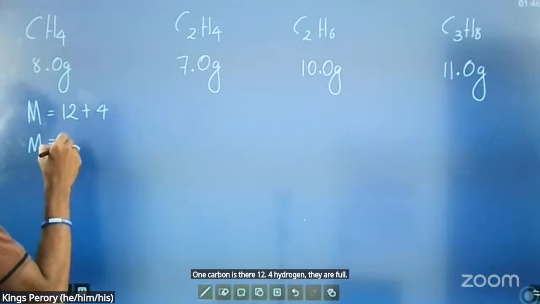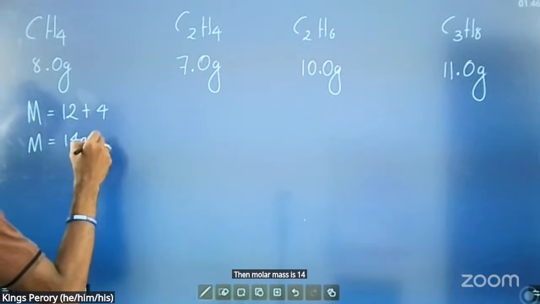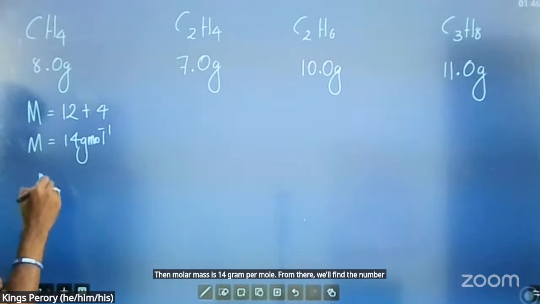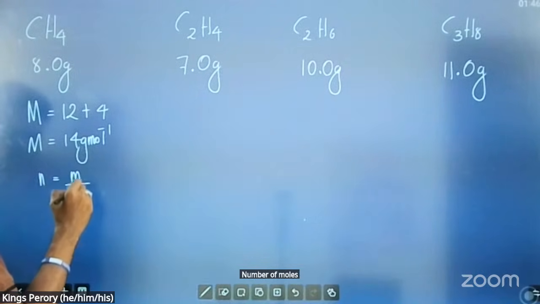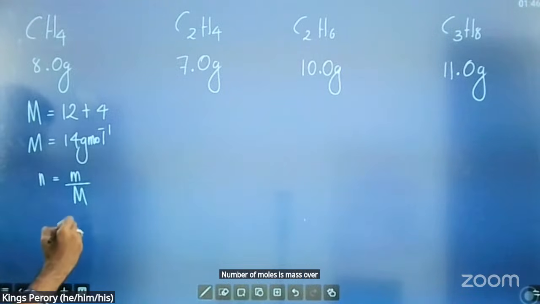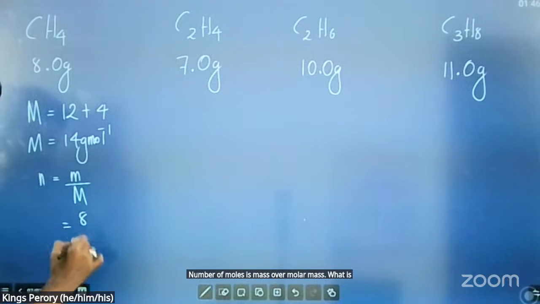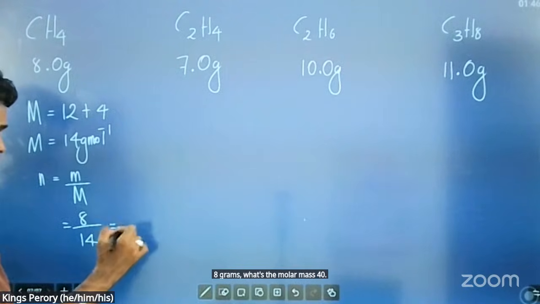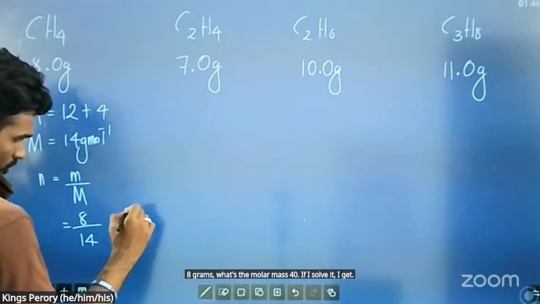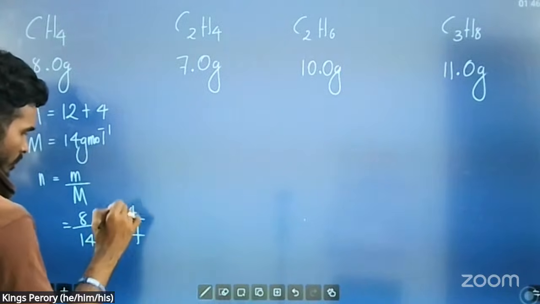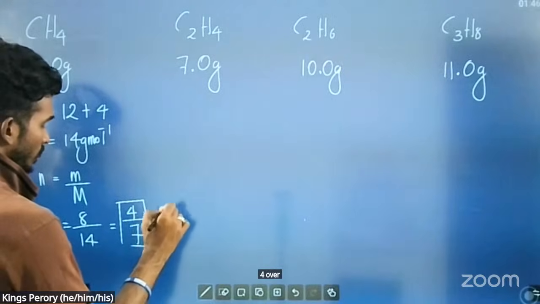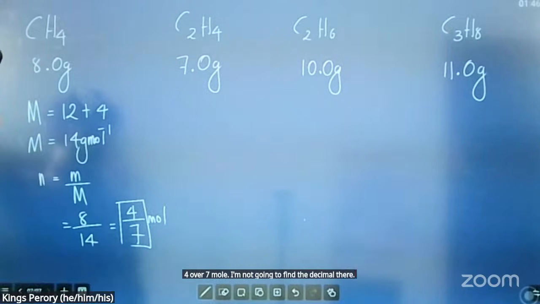Then molar mass is 14 gram per mole. Number of moles is mass over molar mass. Mass given is 8 grams, molar mass is 14. If I solve it, I get 4 over 7 mole. I'm not going to find the decimal there. I'll just keep it as 4 over 7 mole.